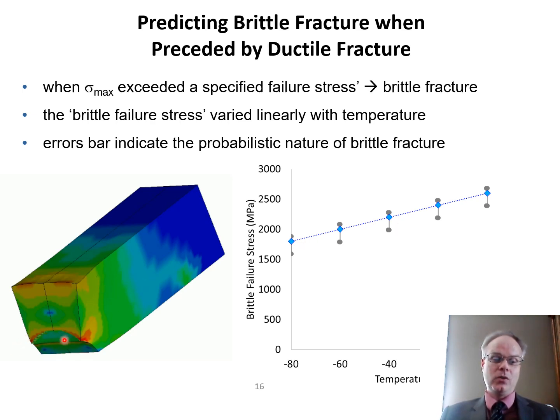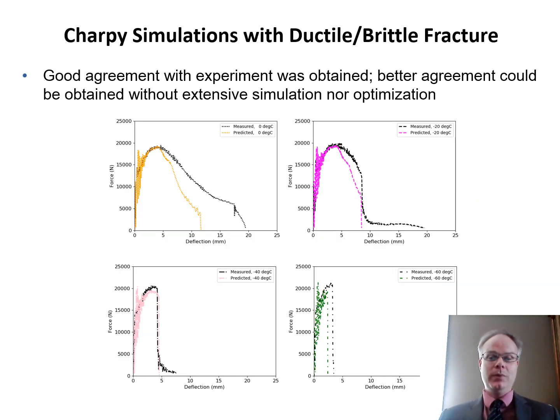This is the ductile crack growth that we see here. And then essentially when you get brittle fracture, the material suddenly fails. And that's what we want to capture here. I'm not showing it for all cases. There was no brittle fracture at room temperature, and at -80 it was all brittle fracture. In the cases in between, we're seeing a large ductile crack growth and then brittle fracture.